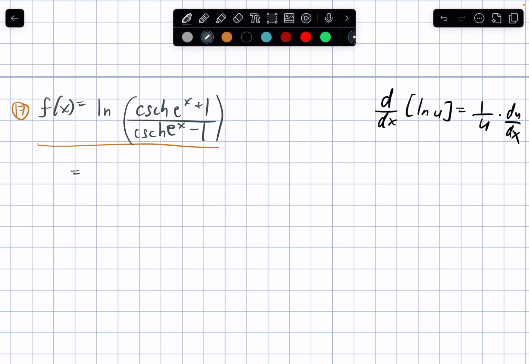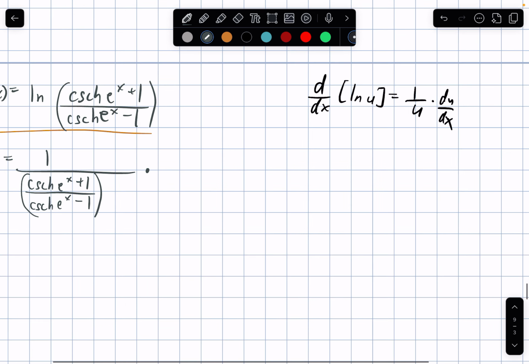So 1 over u, which is this, times its derivative. Holy macaroni.